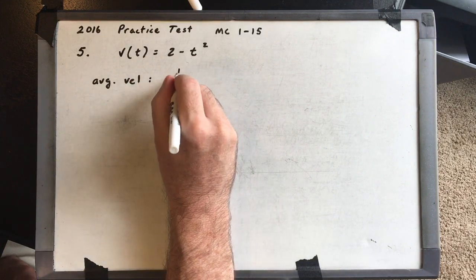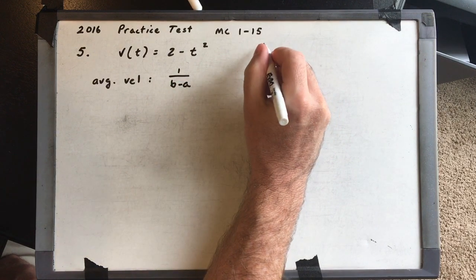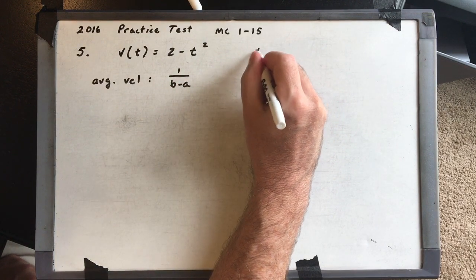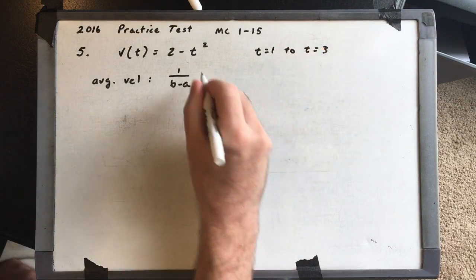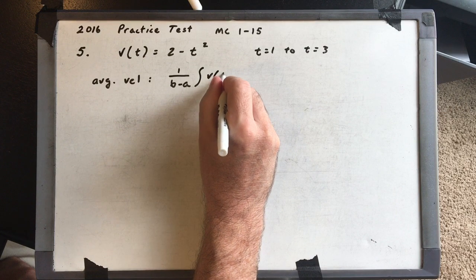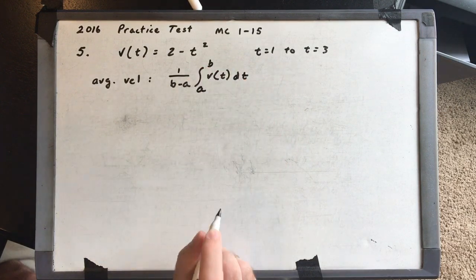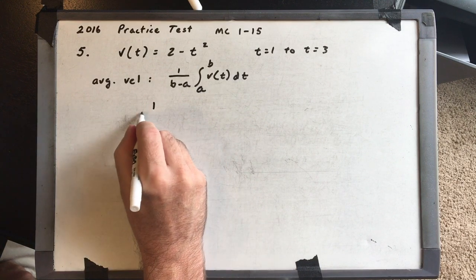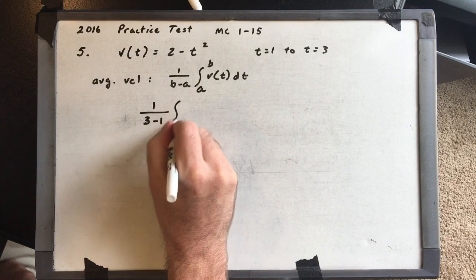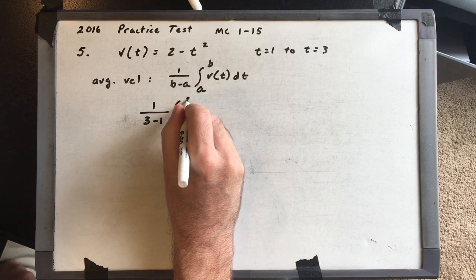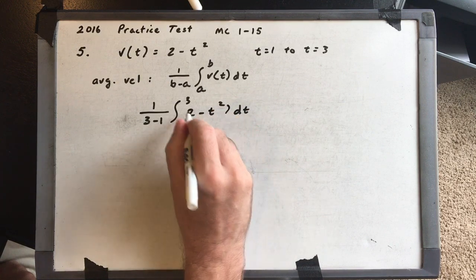It's 1 over b minus a, and we're wanting to know from t equals 1 to t equals 3. You integrate the function v of t dt from a to b. So that's 1 over 3 minus 1, and we're going to integrate from 1 to 3, 2 minus t squared dt.